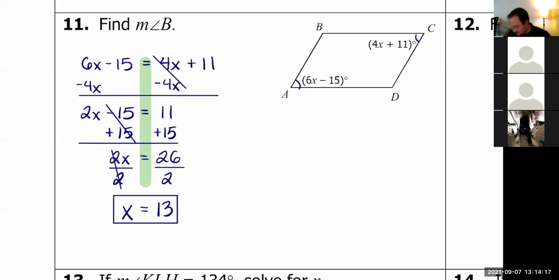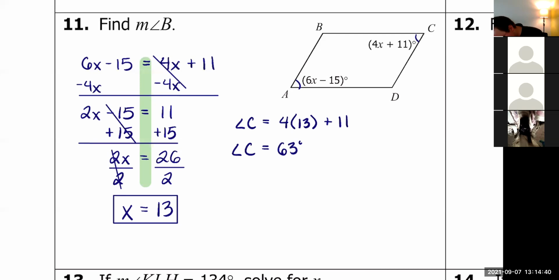C. Okay. So off to the side here, angle C equals 4 times our x, which is 13, plus 11. 63. Is that the full answer? Yes. Oh, so you already calculated it. Angle C equals 63 degrees.